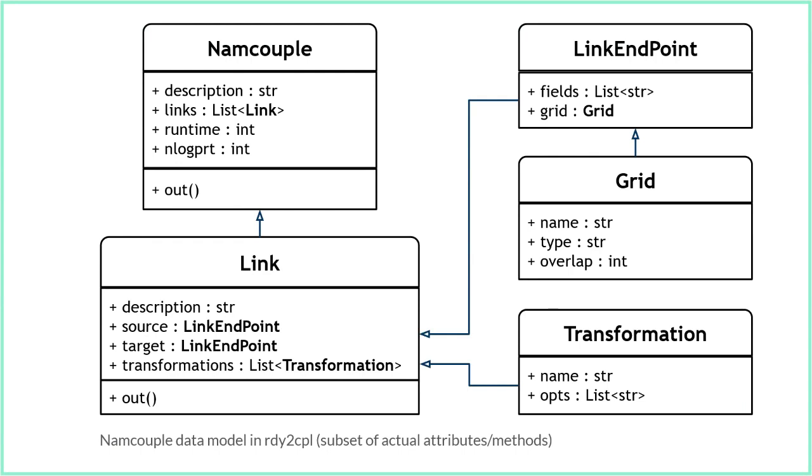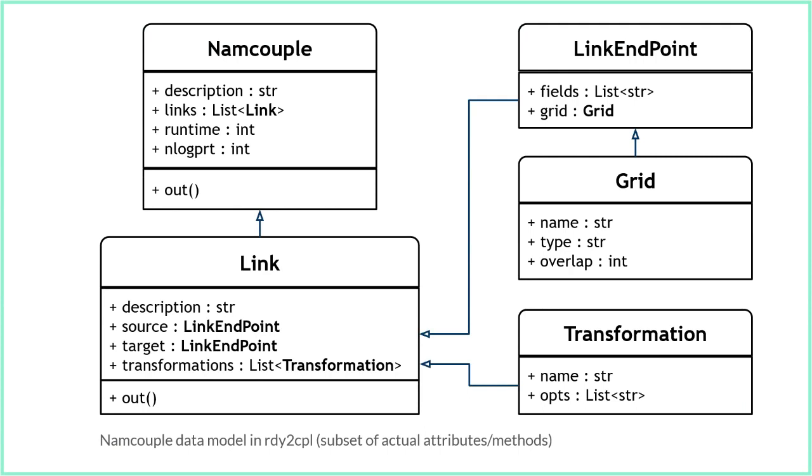We didn't even bother to rename it for the time being. Then it consists of links, which have the link endpoints, and then there are the transformations, which you will also recognize from the NumCouple syntax.